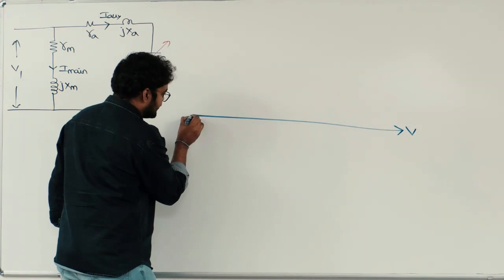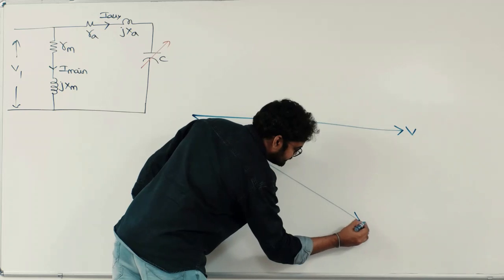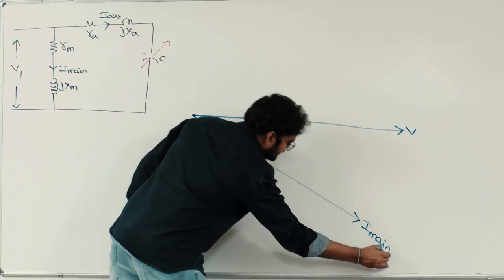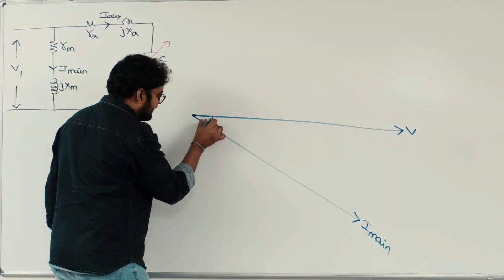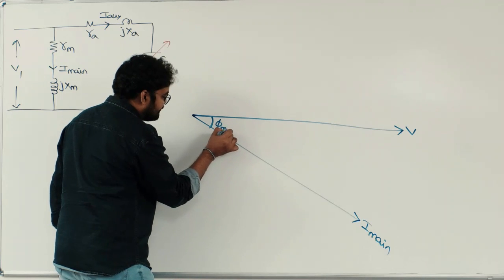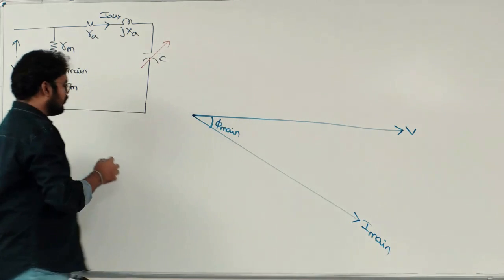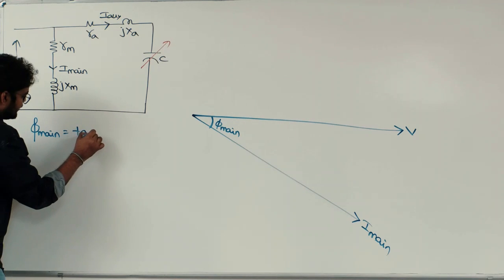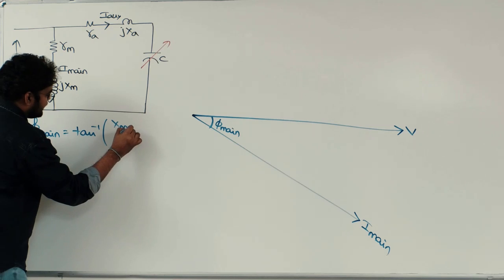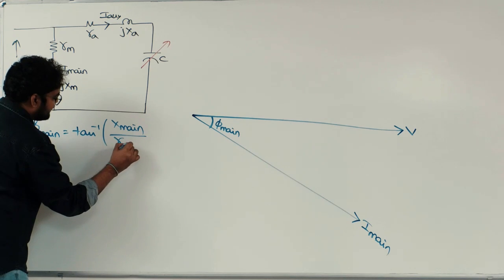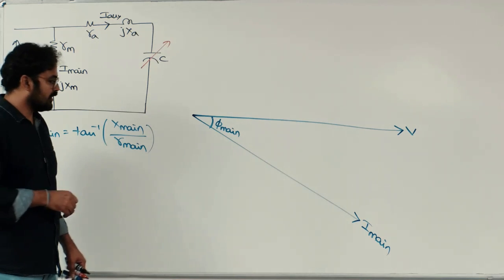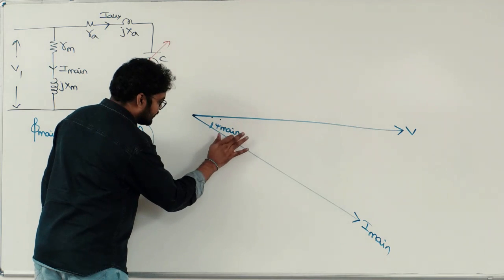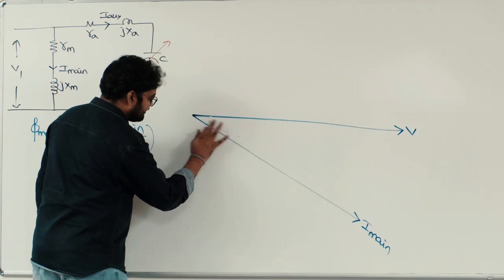So, let me first draw the main winding current. This is lagging the voltage by a finite angle, nothing but phi main. What is the formula for phi main? Phi main is equal to tan inverse of main winding reactance by main winding resistance. This is the main winding phase angle.